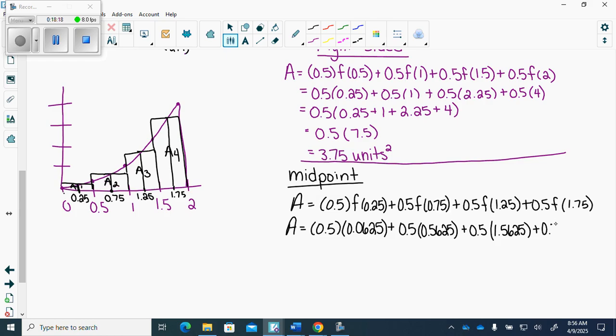Then 0.5 times 3.0625. I get 2.625, which falls in the middle, right?